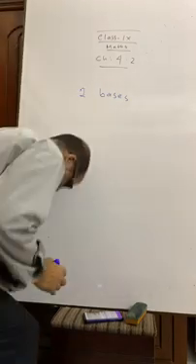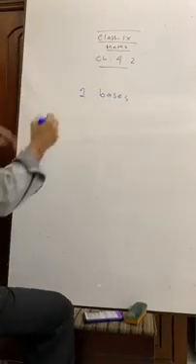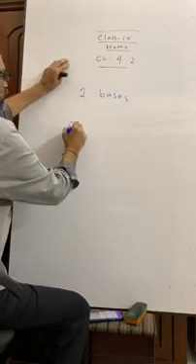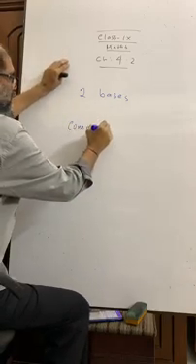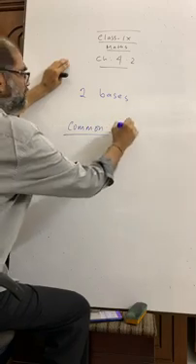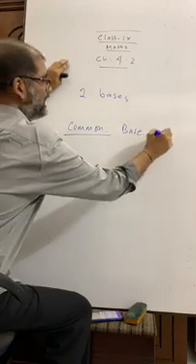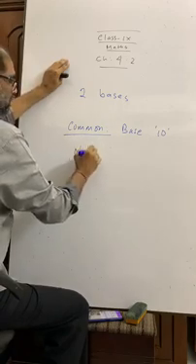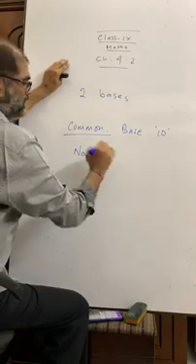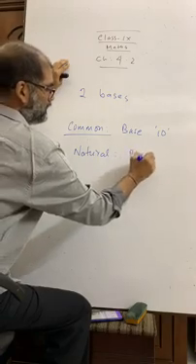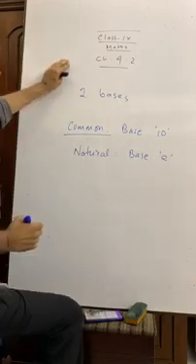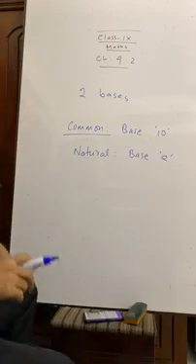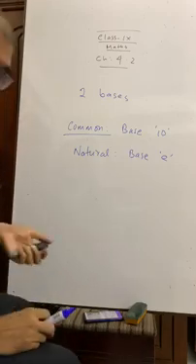Number one, common logarithm, base 10. Natural, base E. Have you got it? Base E. Now we'll come to know.